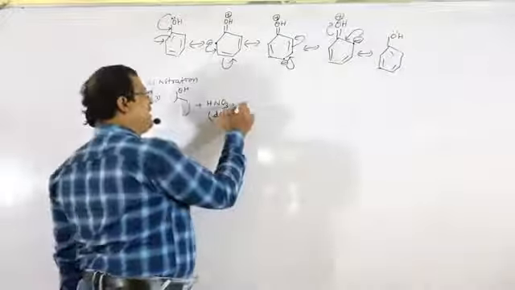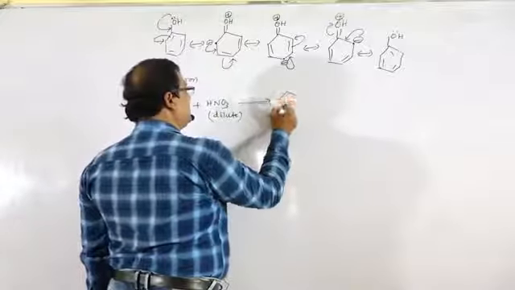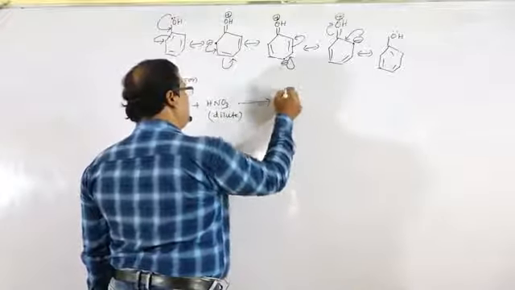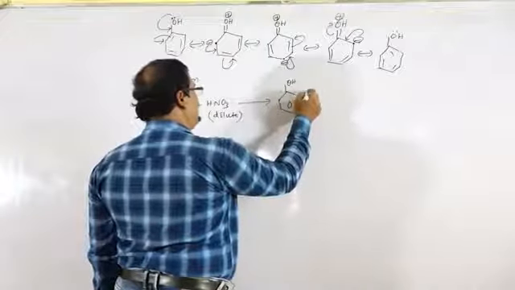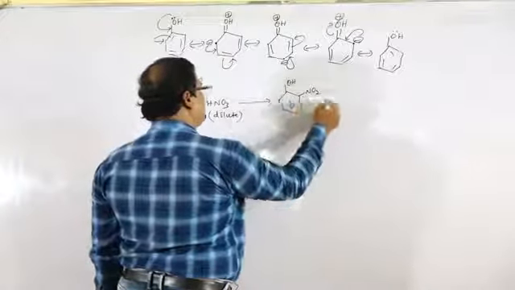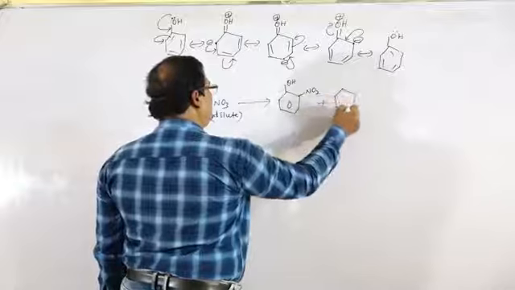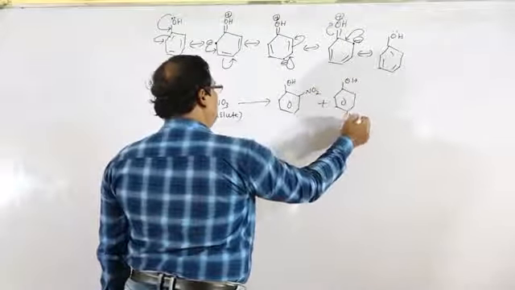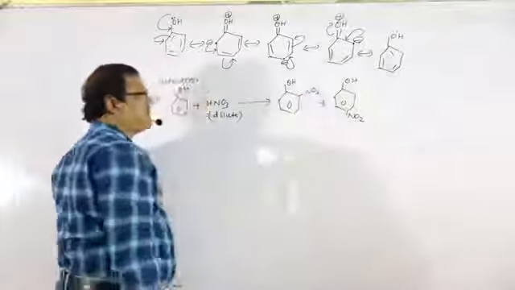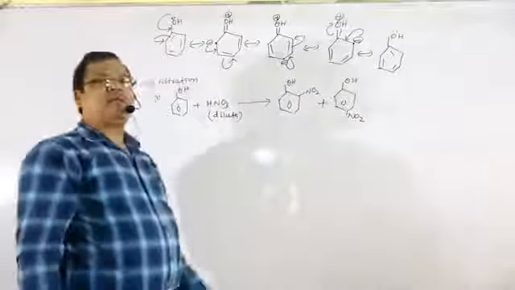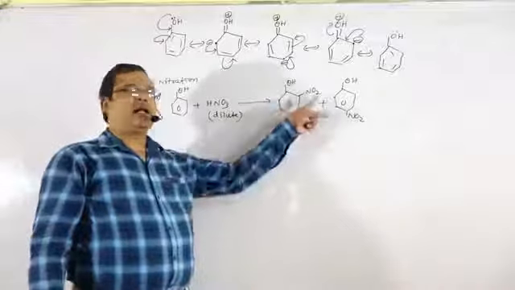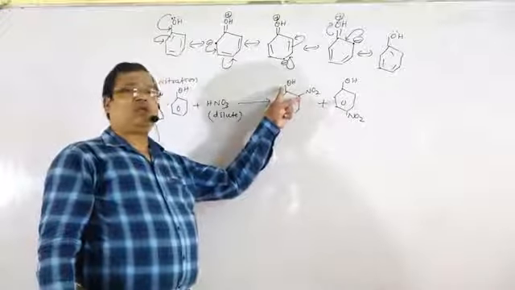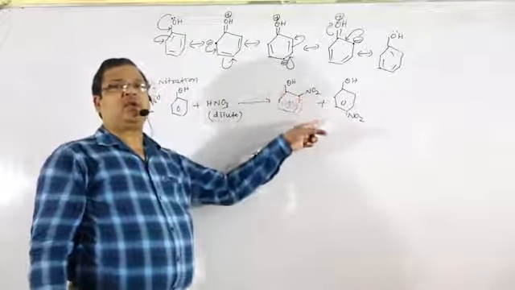Whenever we have taken dilute nitric acid, there is the formation of ortho and para products: OH group and NO2 at ortho, and OH group and NO2 group at para position. So there is the formation of ortho-nitrophenol and para-nitrophenol.